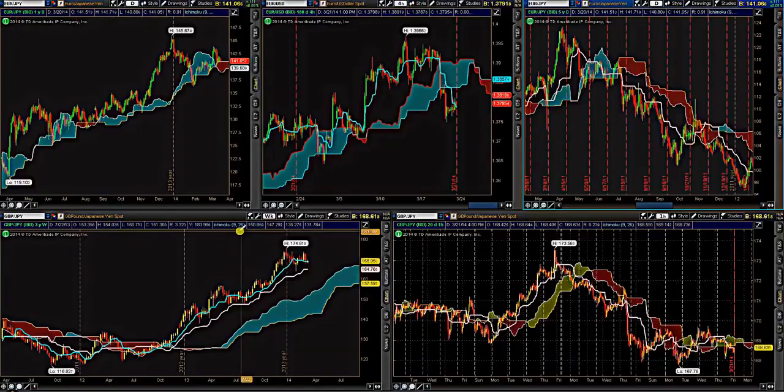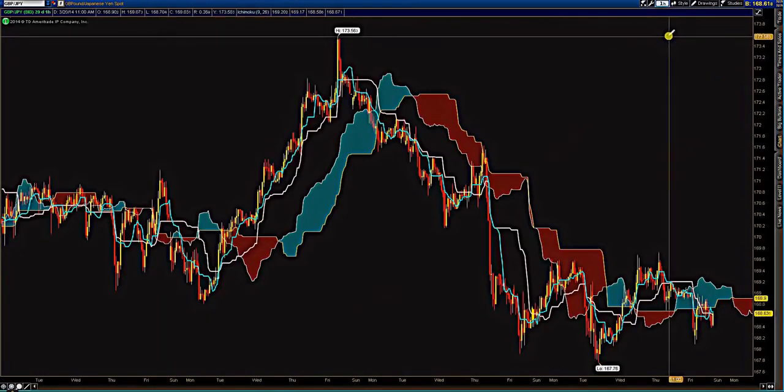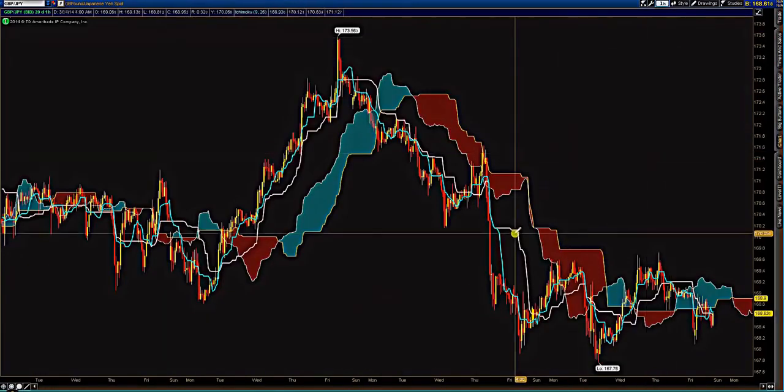Now let's combine the Tenkan-sen and the Kijun-sen. This is a very popular method of trading, using the Tenkan and the Kijun, similar to using a death cross or a golden cross with the moving averages.